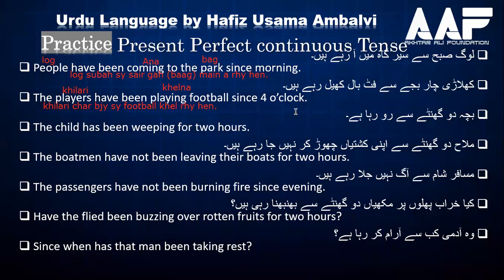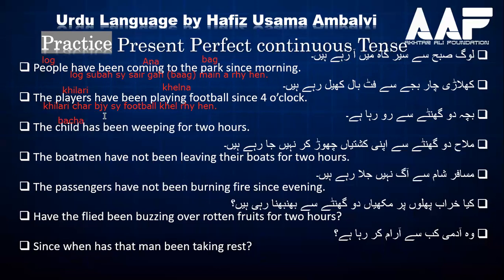And after that, we have a sentence: the child has been weeping for 2 hours. Maybe he didn't get food, or he didn't get some milk. We don't have to discuss that. The thing we are going to discuss: the child has been weeping for 2 hours. The child means bacha, and this is the subject, so this will come first.